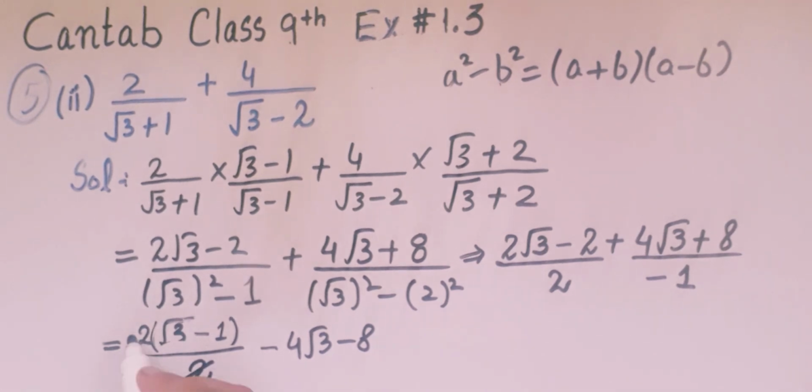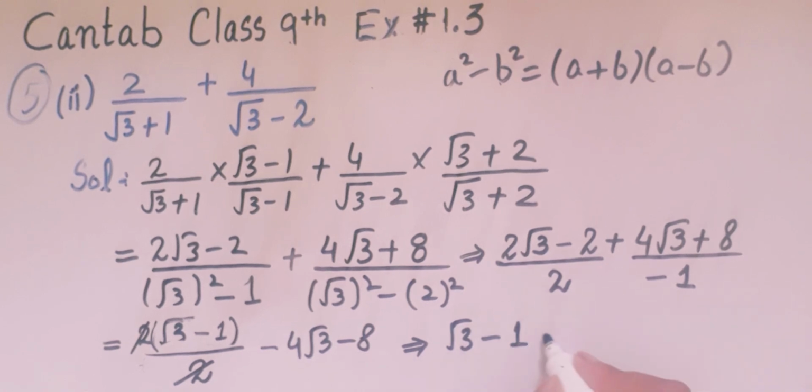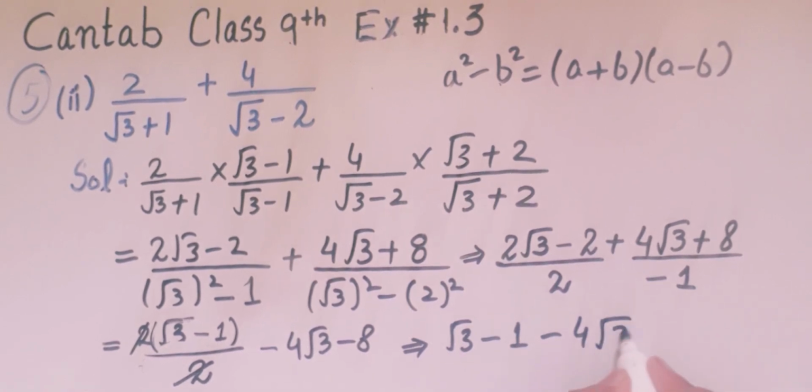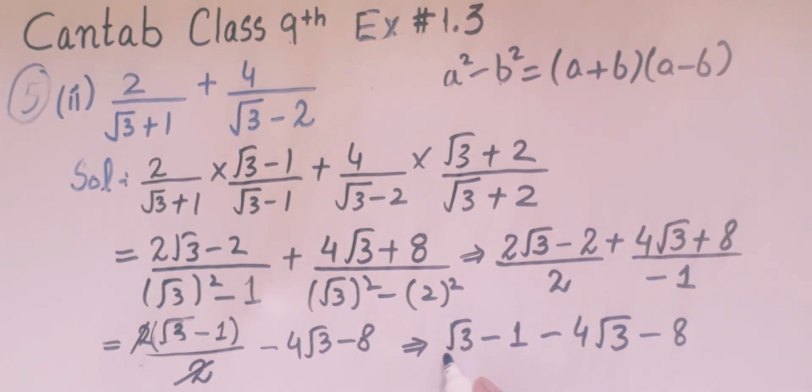This 2 will be cancelled by this 2. We have square root of 3 minus 1 minus 4 square root of 3 and minus 8. Square root of 3 and minus 4 square root of 3 is minus 3 square root 3, and minus 1 and minus 8 is minus 9. So this is the answer of this part.